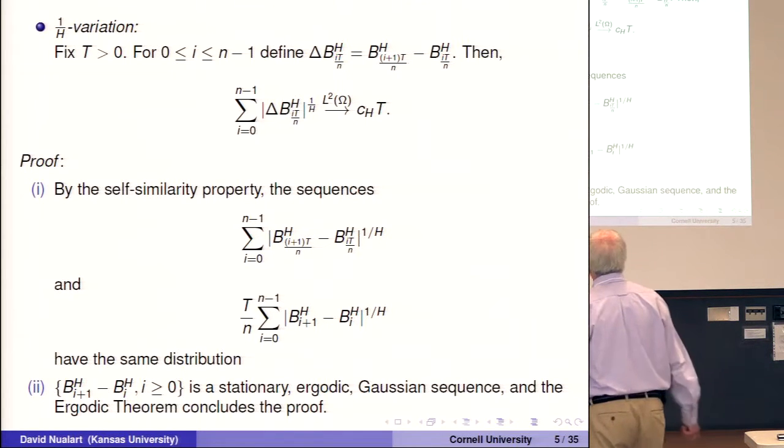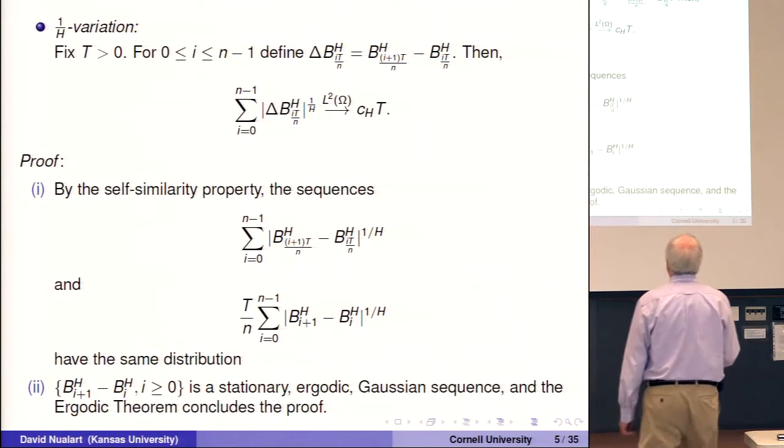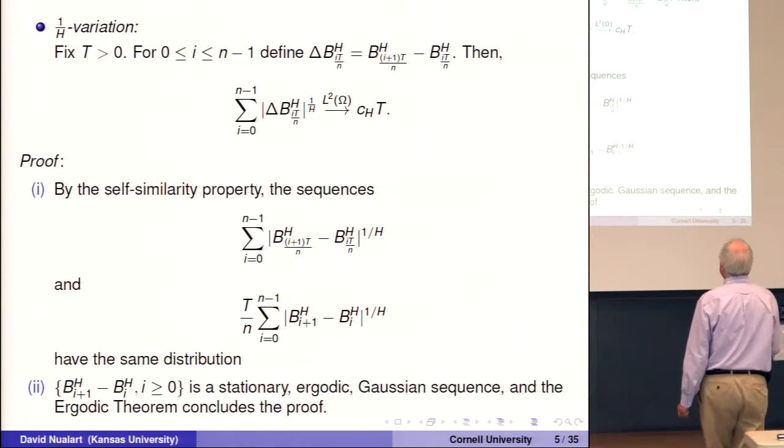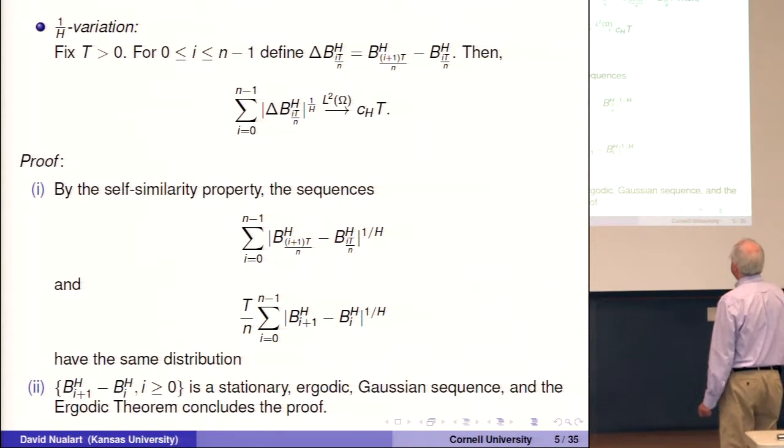So the idea is that the sum of increments to the power 1/h, by self-similarity, has the same distribution as a sum over a sequence where I go from i over n to i, and then I have to multiply by t over n to the power minus h.